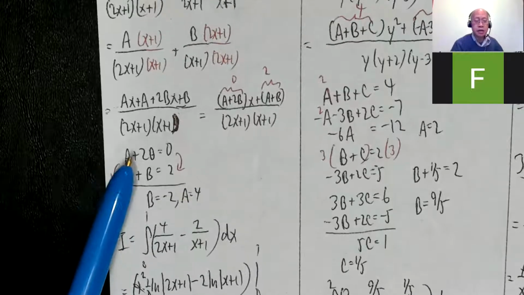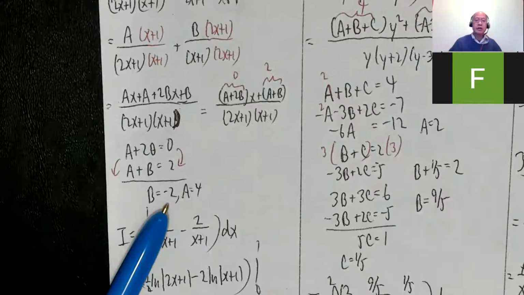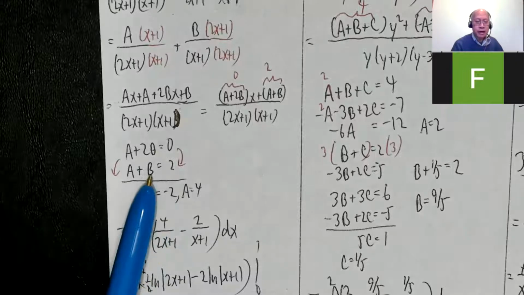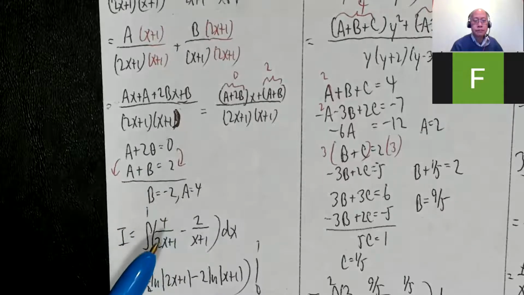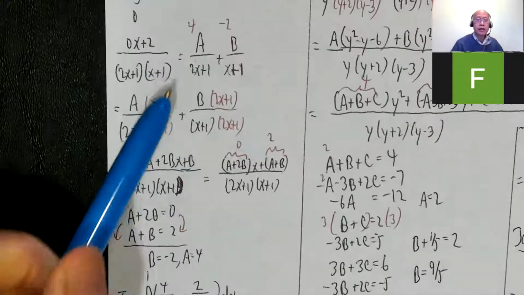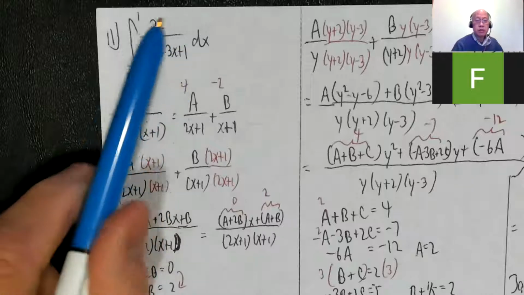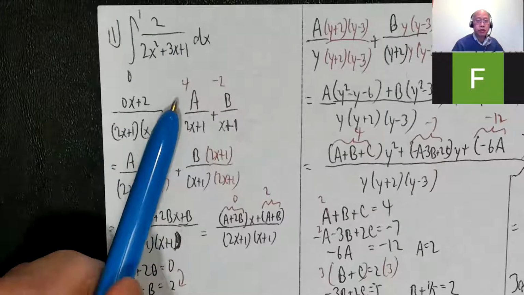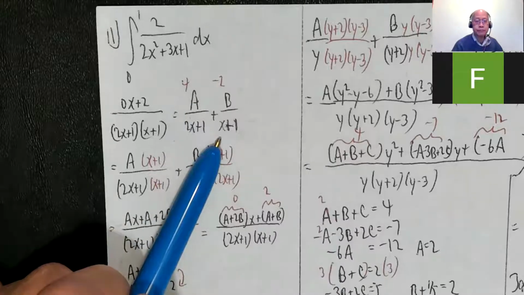A minus A is nothing, 2B minus B is B, 0 minus 2 is negative 2. So B is negative 2. And plug back in here, that means A is 4. So that's where I get the 4 and the negative 2 from. So now I know that my original rational expression is 4 over that minus 2 over that, and that's an easy integral.